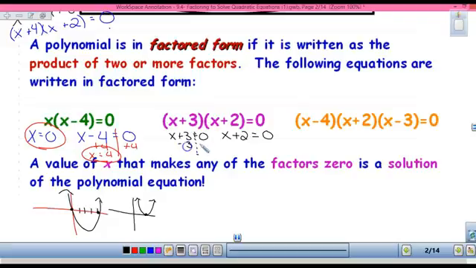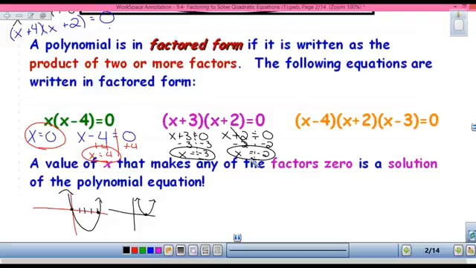Minus 3 and minus 3, so x equals negative 3. How do I solve the other? Minus 2 and minus 2, so x equals negative 2. So my two x-intercepts are negative 3 and negative 2. Told you that it's not super hard, is it?